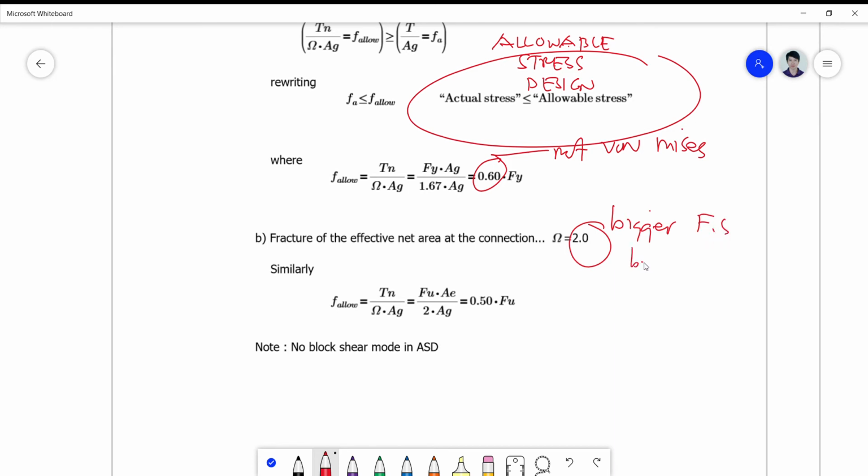Because connections are more critical. Therefore, the design must be more conservative.